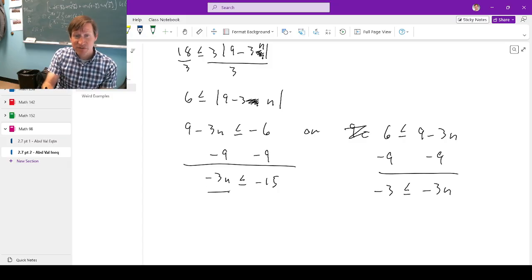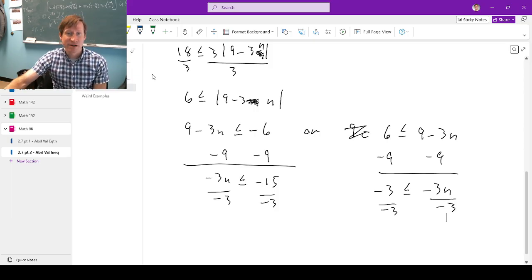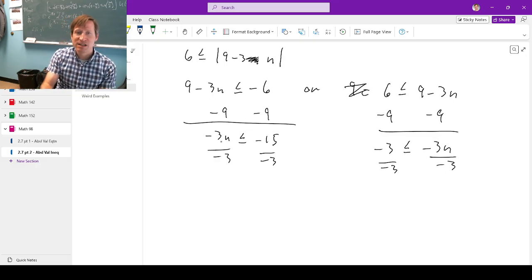Now we need to divide everything by minus 3. Now we're dividing by a negative, so remember we are going to have to turn our inequalities around. Okay, so in our first inequality, we get n greater than or equal to minus 15 over minus 3 is 5, positive 5. So n greater than or equal to positive 5.